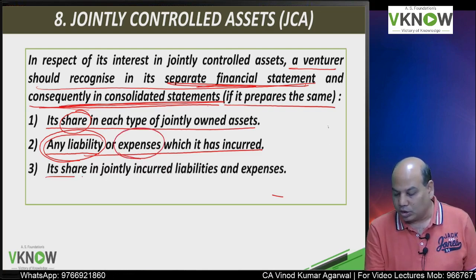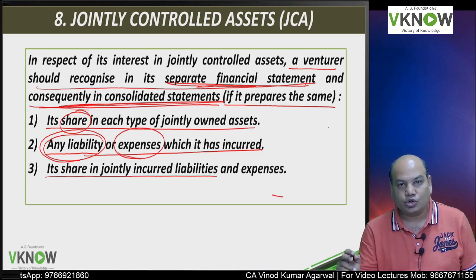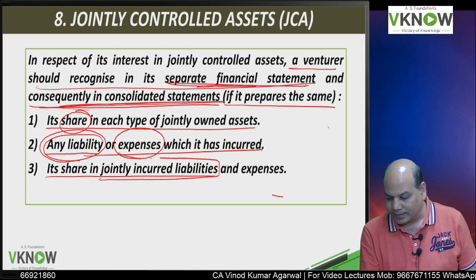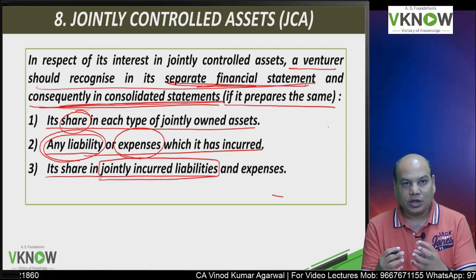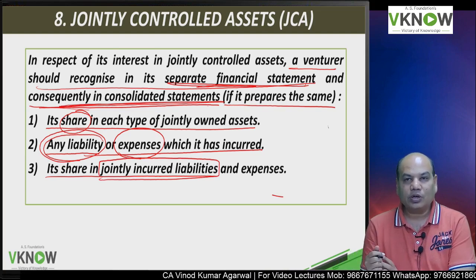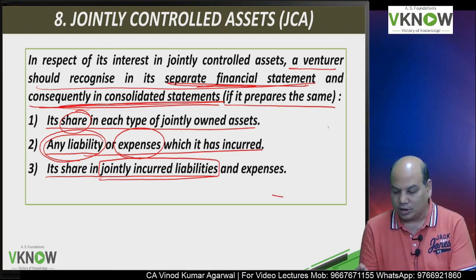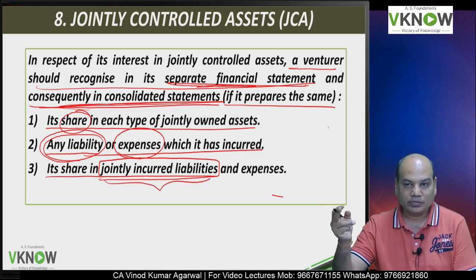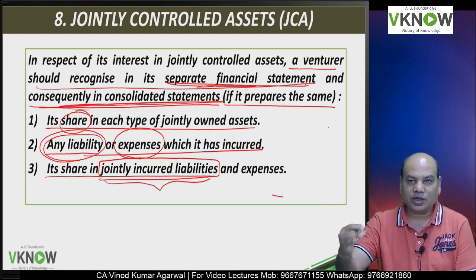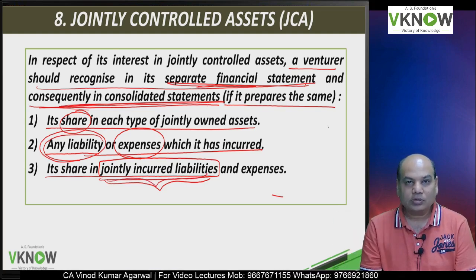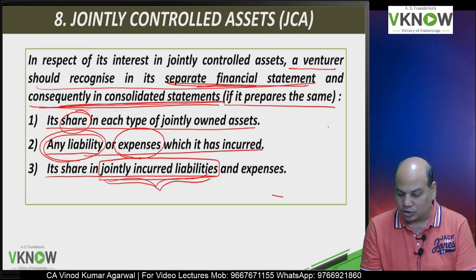You will record your share in jointly incurred liabilities. If liabilities were incurred jointly, then you will record your share of the liability. For example, property tax payable and society maintenance charges payable, which the parties will record according to the agreed ratio.